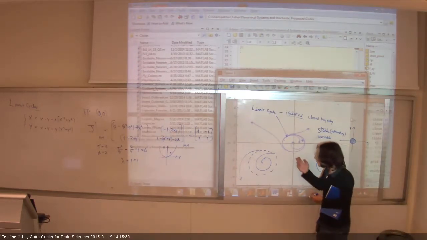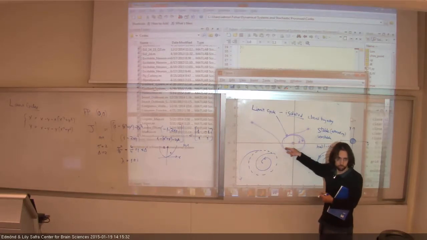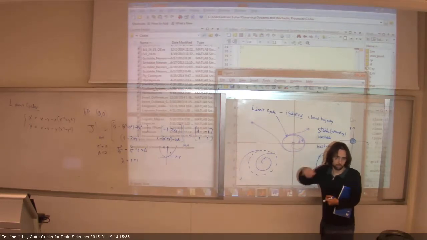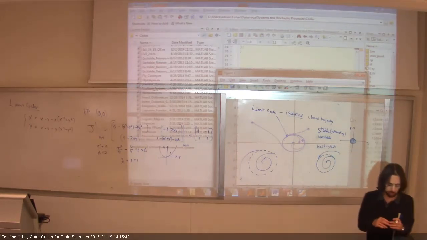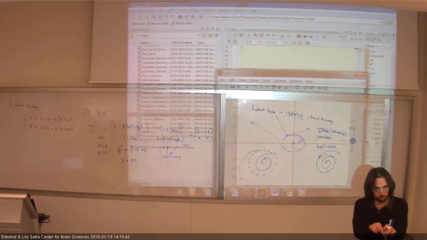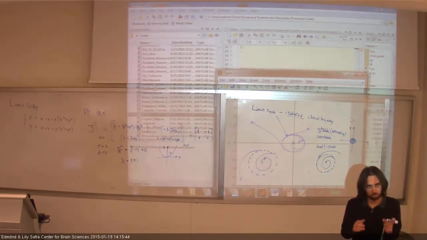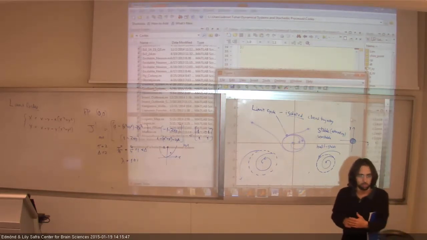So if you do that, then you have the direction of the limit cycle. Okay? But there is no rule, except for maybe the direction of the spiral and the fixed point that's inside the limit cycle. But other than that, you can substitute.